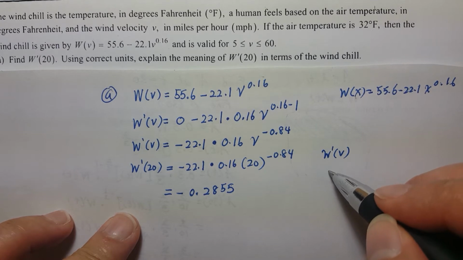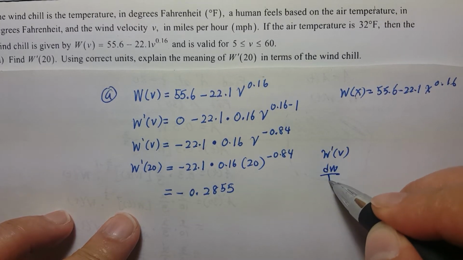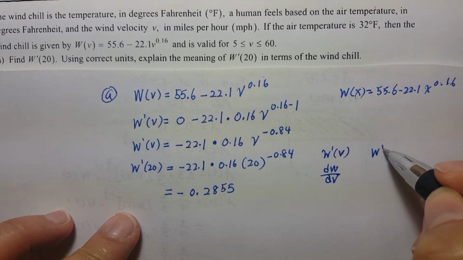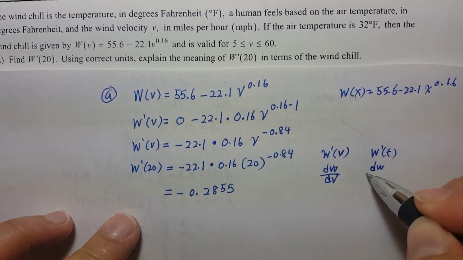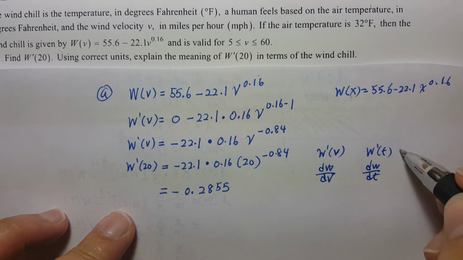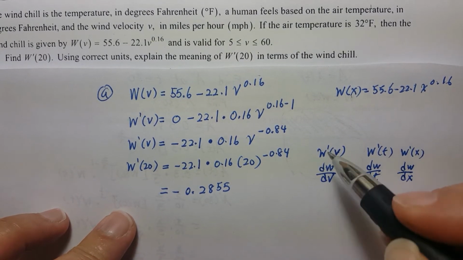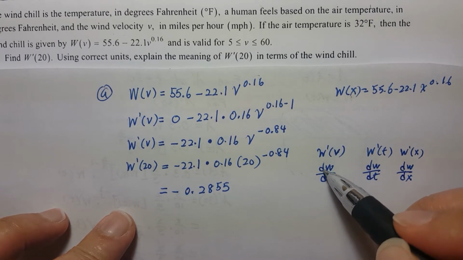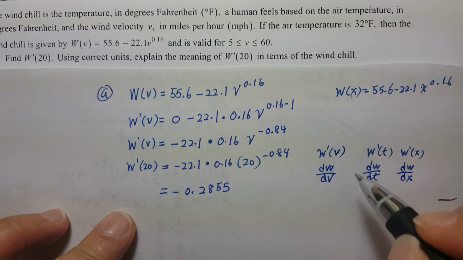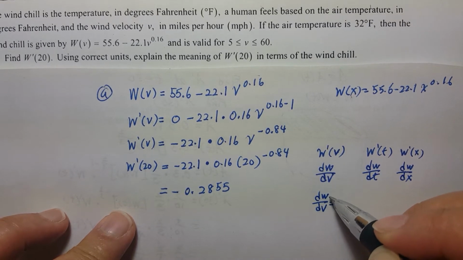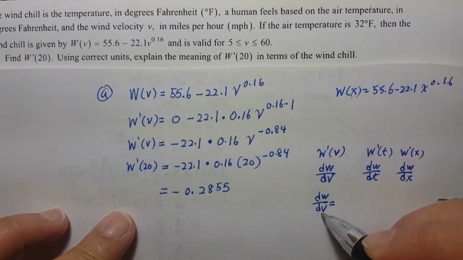This basically means dW/dV. Think about it: if you had W prime of T, that means dW/dt. If you have W prime of X, that means dW/dx. So W prime of V will be dW/dV, which means delta W over delta V.